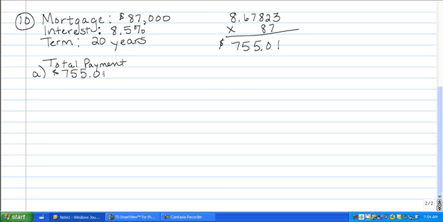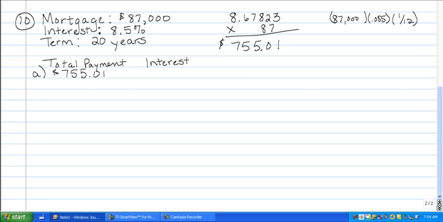Alright, the next part is the interest payment. So what we have to do is take our 87,000 principal times our interest rate times our time, which is 1/12 of a year.